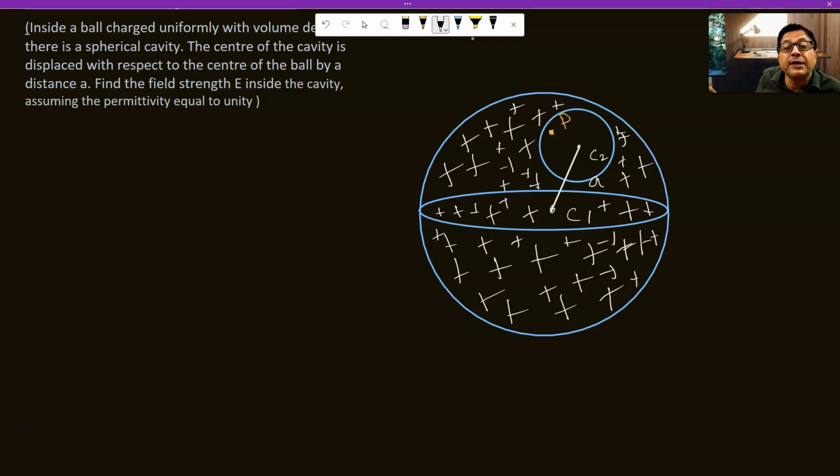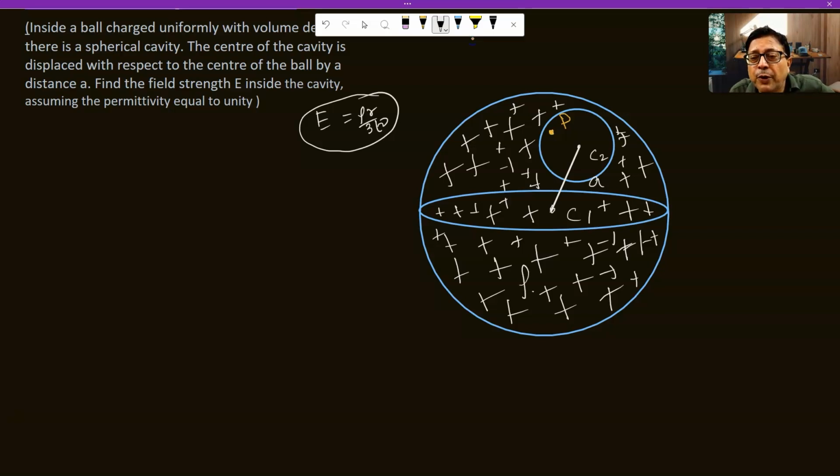Which portion? The cavity has no charge. So we are going to use the superposition principle. Already I have explained. I just want to say that inside the sphere, electric field is rho r by 3 epsilon 0. See how beautifully it can be solved in terms of distance A between these two and volume density rho.